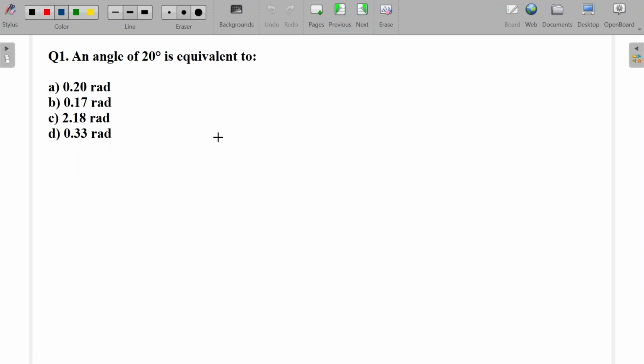Okay, so you need to understand that this is an angle, theta. Theta, which is 20 degrees, is also known as angular displacement. You need to understand that there is a way you can write the theta, or the angular displacement.